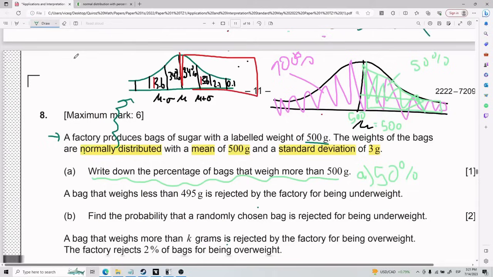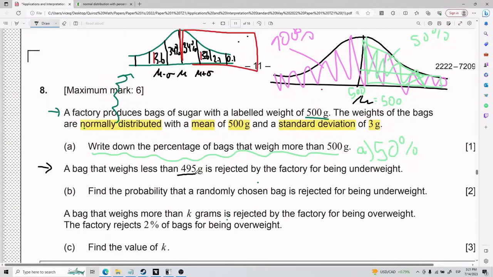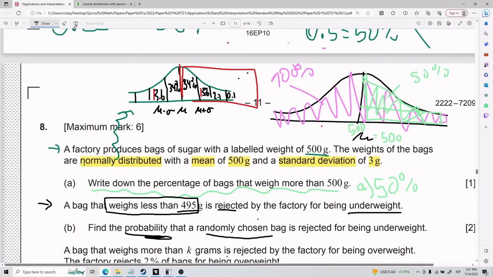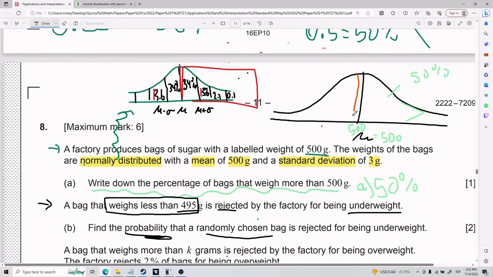Later on, they tell us that a bag that weighs less than 495 grams is rejected by the factory for being underweight. And we need to find the probability that a randomly chosen bag is rejected for being underweight. So if my randomly selected bag weighs less than 495, it is rejected. So I need to find the number that goes, very roughly, from here to here.